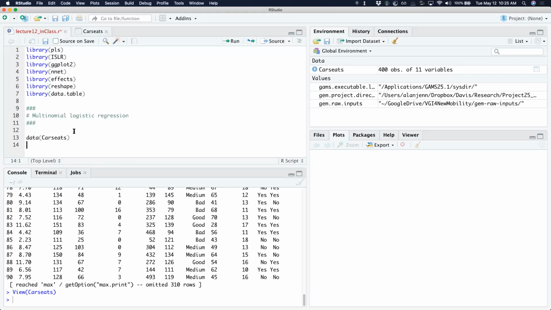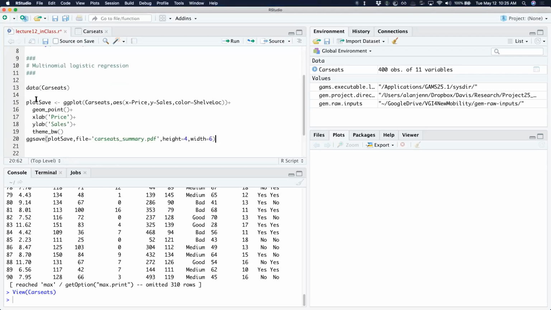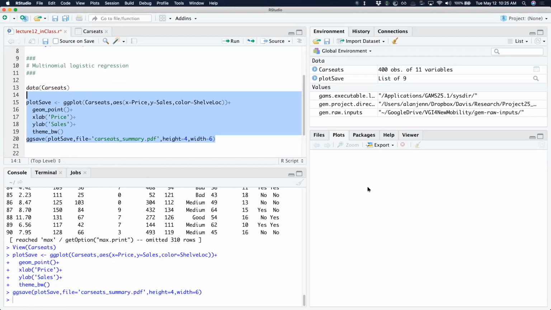Okay, so before we do the actual modeling, I'm going to show a plot of what we're going to be regressing on.